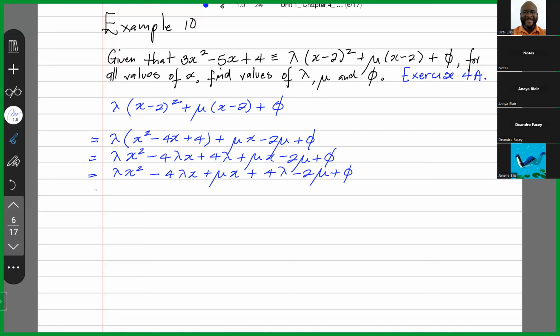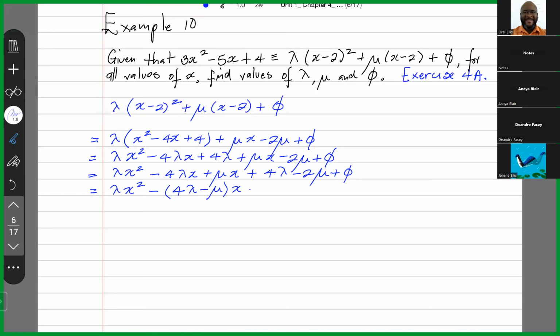Let us maybe factorize a bit. lambda x squared minus (4 lambda minus mu)x. You can always do a quick fact check in your head to see if, when you remove the brackets, you get back what was there.